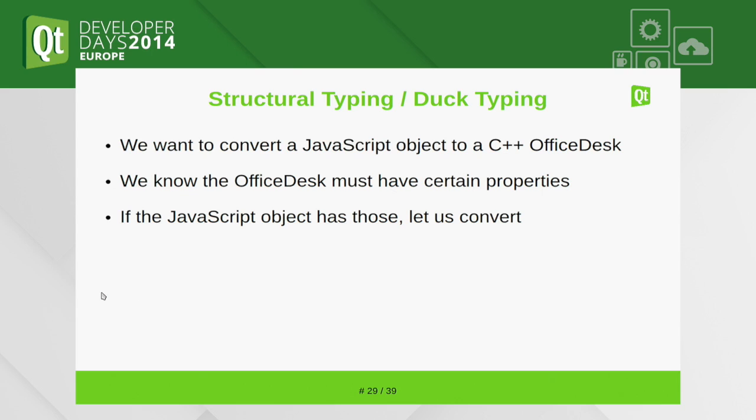Similarly, if the JavaScript object that we want to convert to C++ looks like an Office desk, it has the 3 properties that we're looking for, well, then let's just create an Office desk. The meta-type system is clever enough that it allows us to instantiate a new Office desk, and it allows us to dynamically set those 3 properties that we need to set.